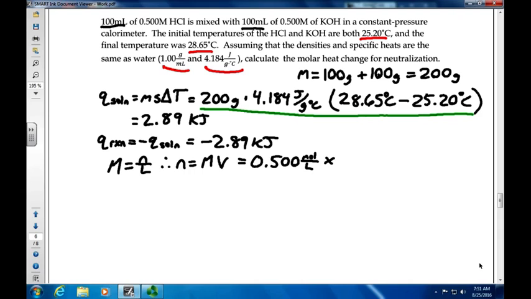but we're just going to stick with the 100. So 0.100 liters. That's just converting it. Liters and liters cancel each other out, and you're left with the moles, which are 0.0500 moles.